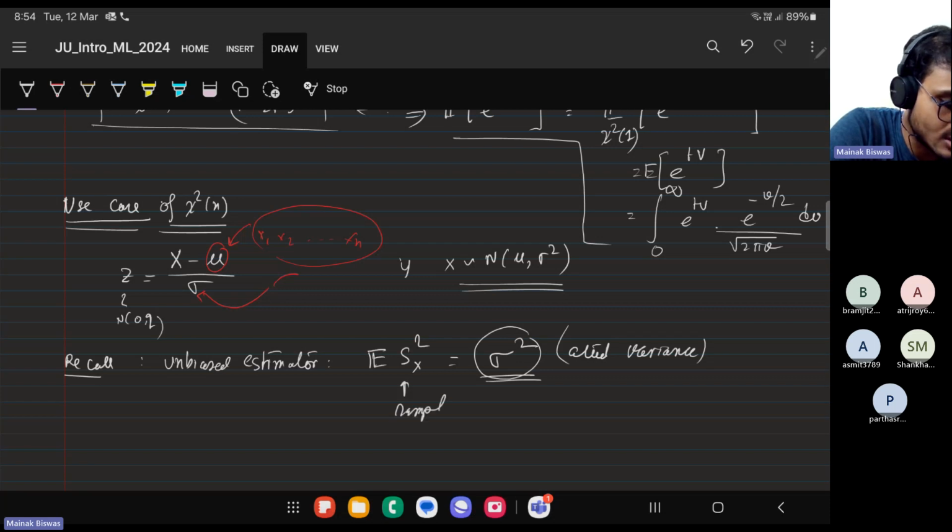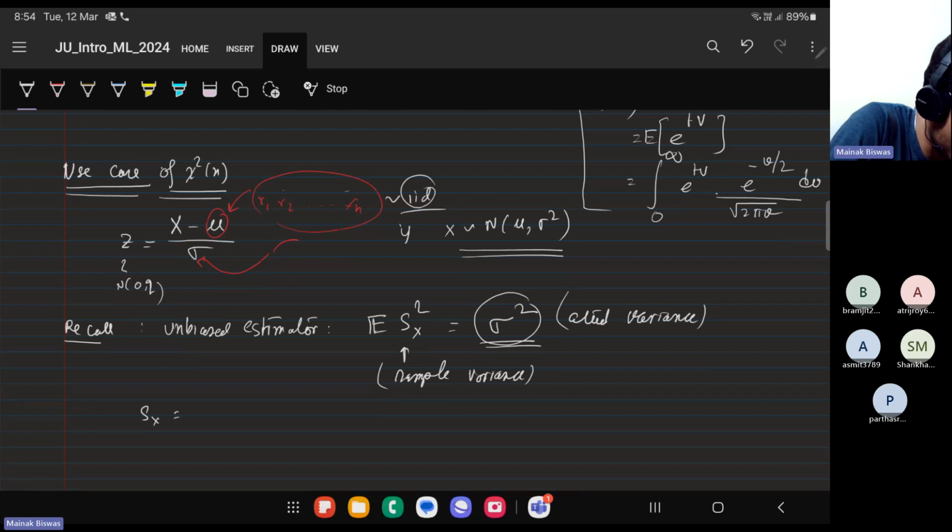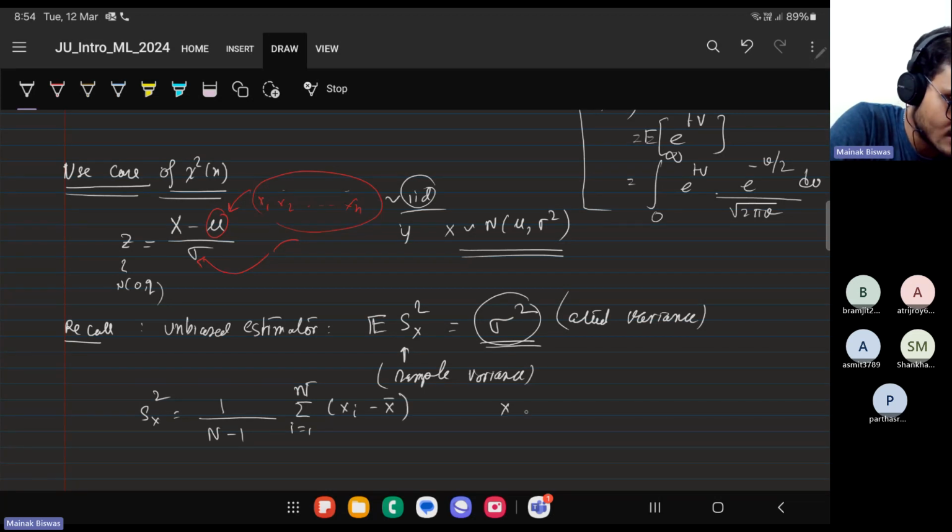This is sample variance, right? Sample variance is a random variable, because you are taking it over samples, as we had seen, x1, x2, ..., xn are IID random variables we had taken, right? And we had taken the expected value, and we saw that it was equal to the actual variance if we chose the sample variance Sx as 1 by n minus 1, summation i equal to 1 to n, xi minus x hat, right? Where x hat is equal to 1 by n summation i equal to 1 to n xi.